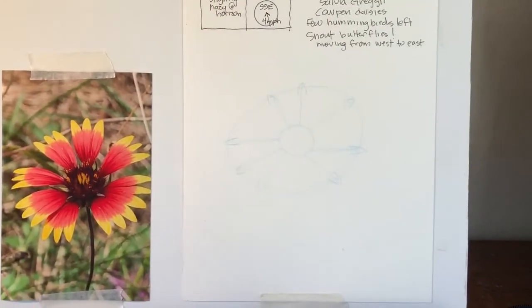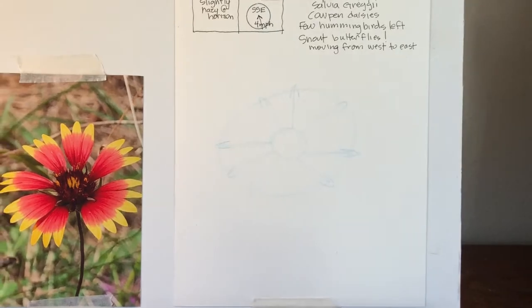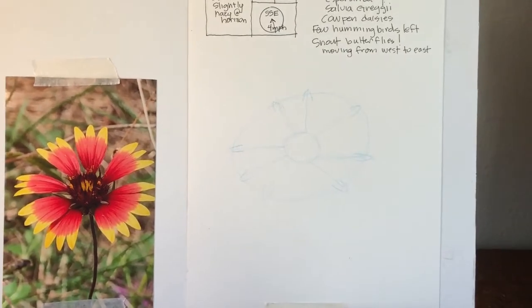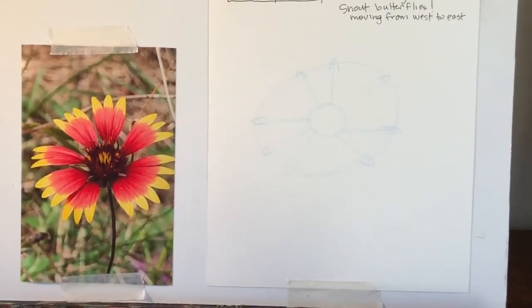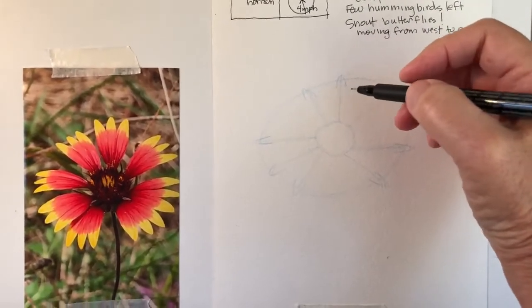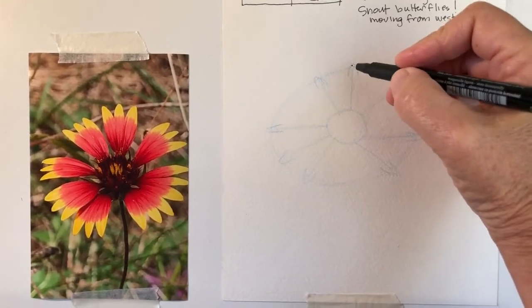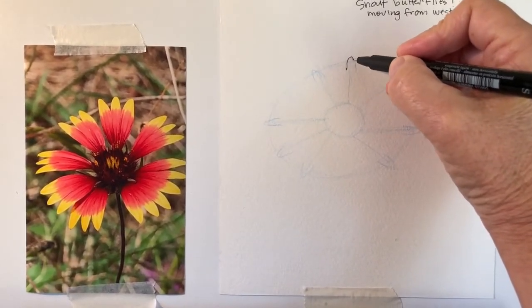And because we're doing a quick demo, with your first one, you may want to draw it all out in pencil first. I'm not going to do that because, after all, this is a sketch. This is not a precise botanical illustration that I might spend a month working on. So I'm going to go ahead and sketch those out.